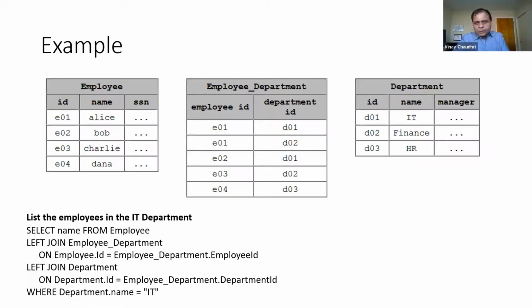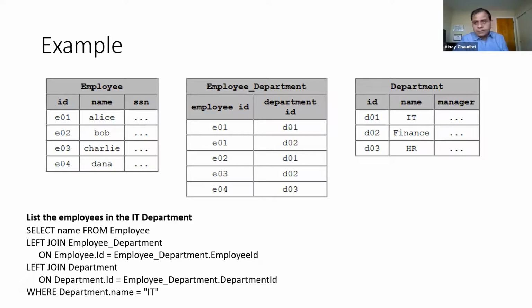Once we know the department, we would do a join with the department table and filter the results on the name, which should be IT. So doing this SQL query requires us to do two left joins, which you can see here, and we can find out the employees who work in the IT department.